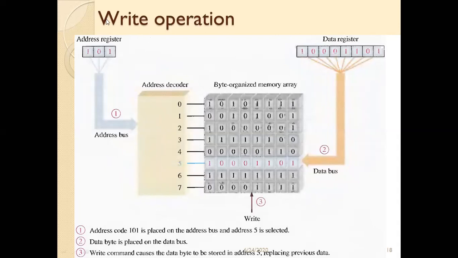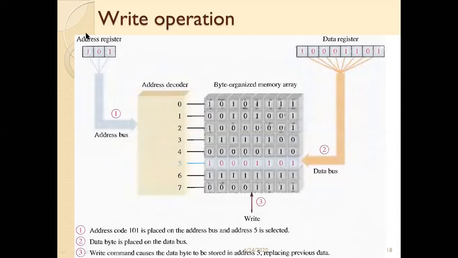Now I want to run the write operation. Remember, with the help of the write operation, you put data on a specific location of the memory. Suppose your data is in a register called the data register, to which the data bus is connected.